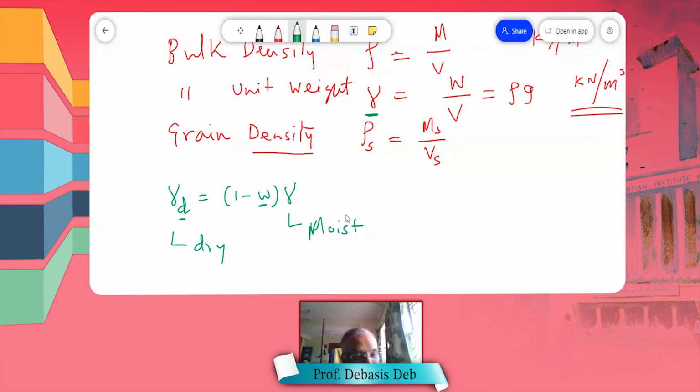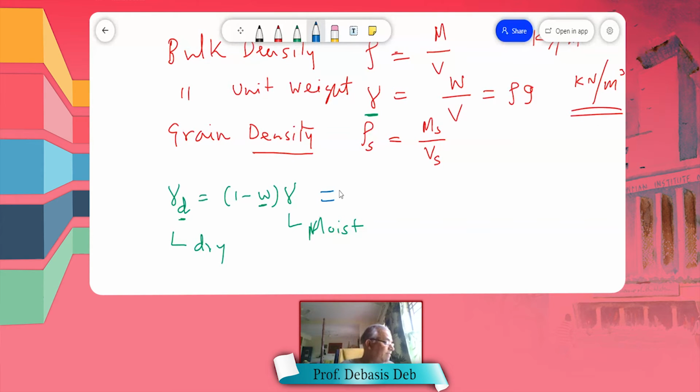I'm giving you 1 minute. How are you going to prove it? Can anybody tell me? Dry unit weight can be related to this. Can anyone tell me what the definition of gamma d will be?